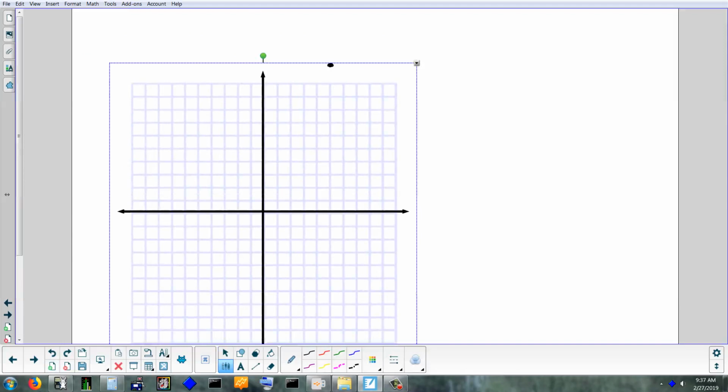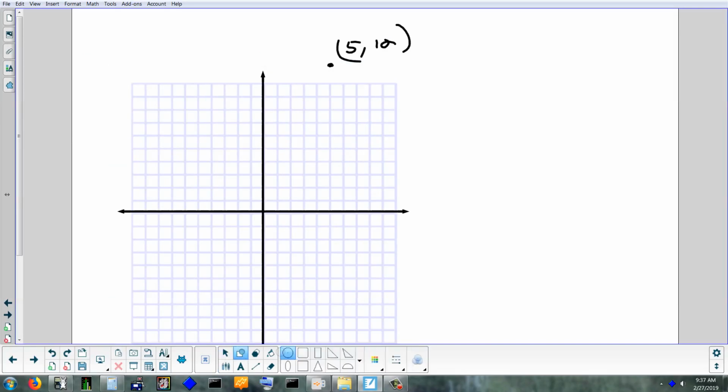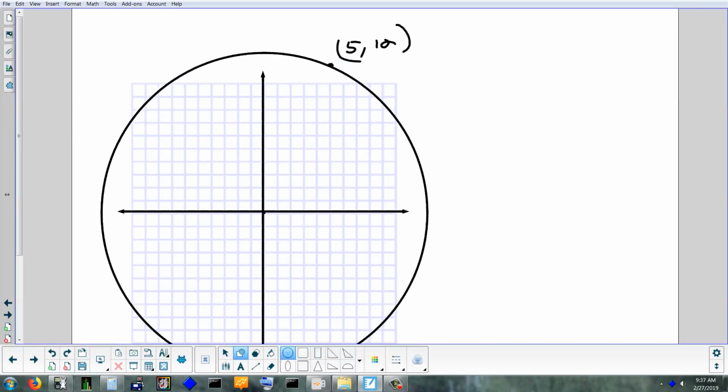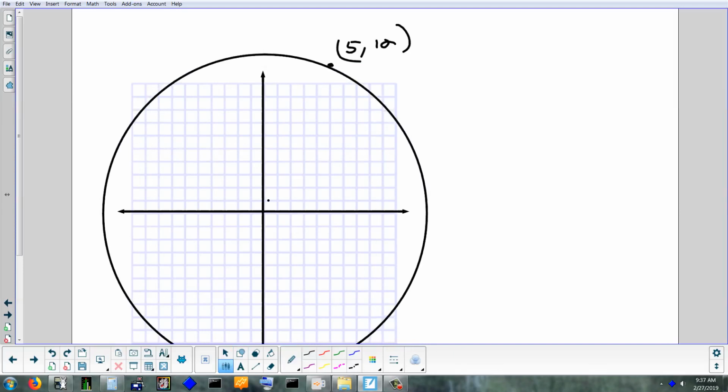I'm just estimating. So that point is on a circle. It's on that circle. Is that a unit circle? No. Unit circle is right here. It's a circle that goes 1 unit in every direction. That's way bigger than the unit circle.